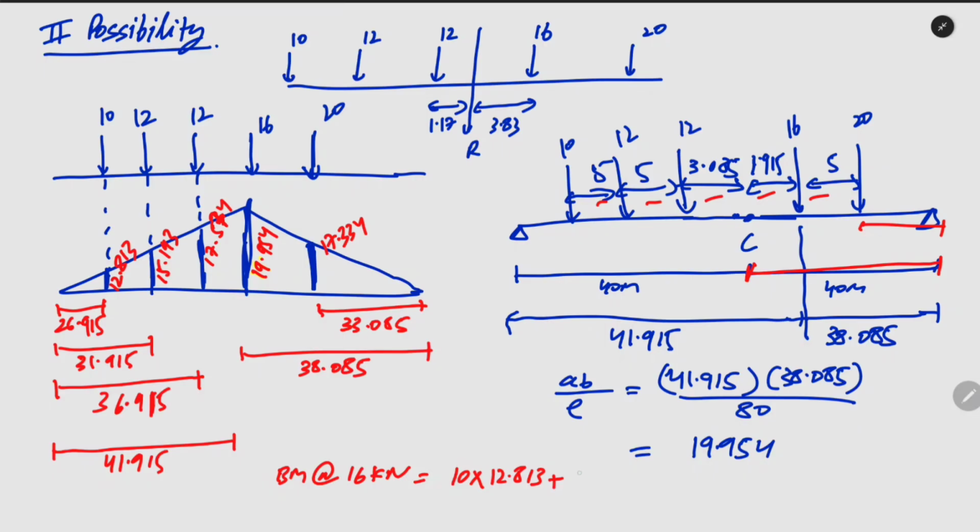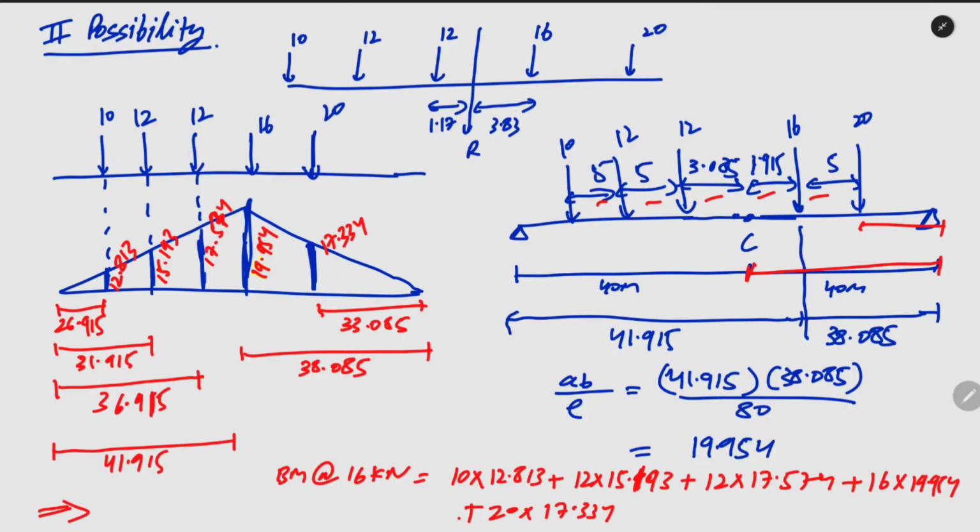Now the bending moment at the 16 kilonewton load will be 10 into 12.813 plus 12 into 15.193 plus 12 into 17.574 plus 16 into 19.954 plus 20 into 17.334.